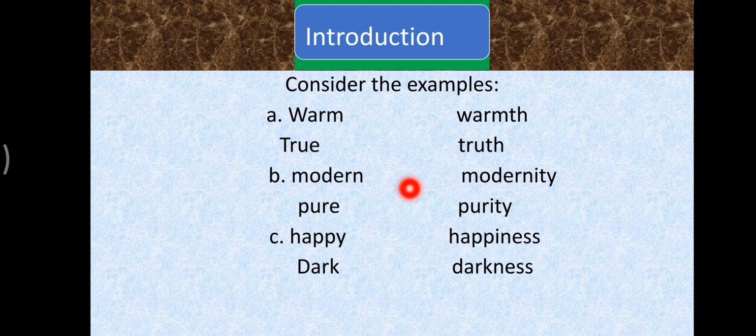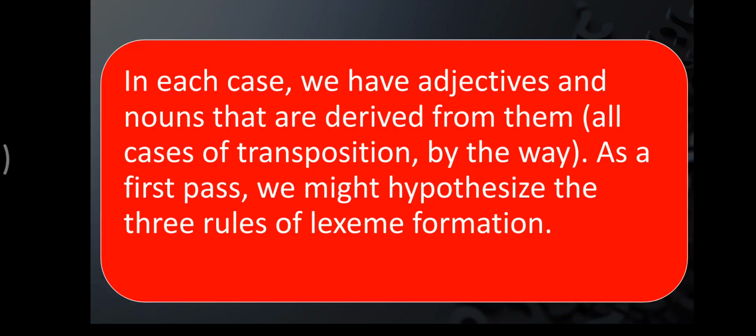The first one is th, second is ty, and third is ness, right? So we have three types of rules for lexeme formation. In each case, we have adjectives and nouns that are derived from them, all cases of transposition, by the way.